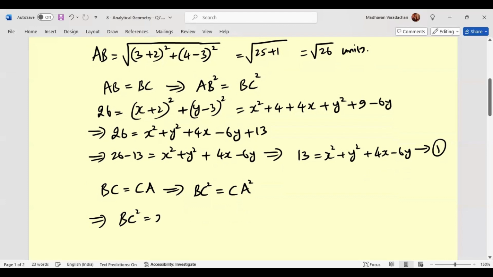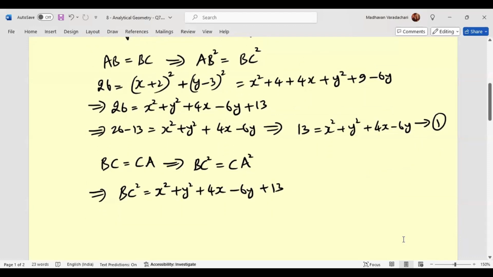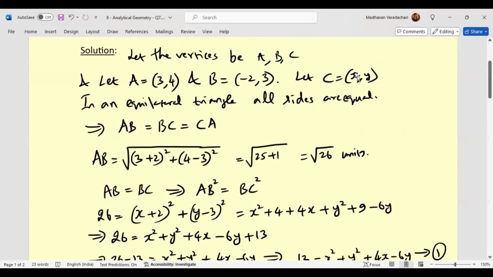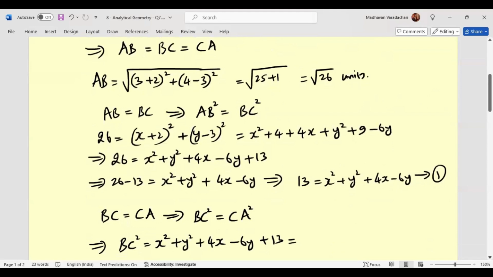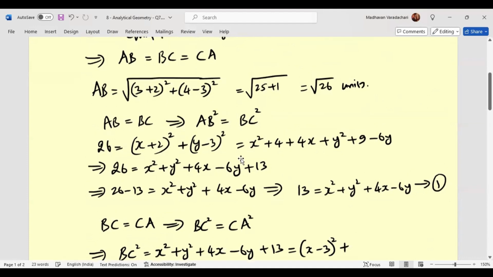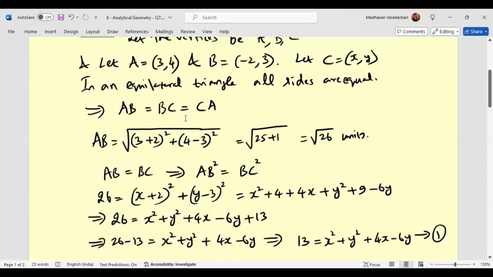And it is x square plus y square plus 4x minus 6y plus 13. I'm just copying this expression here because that is nothing but BC square. Now this is to be equated to CA square. What is CA square? x minus 3 the square plus y minus 4 the square.